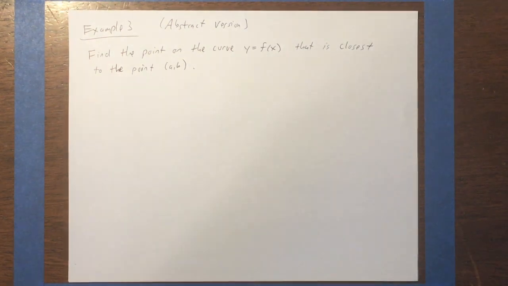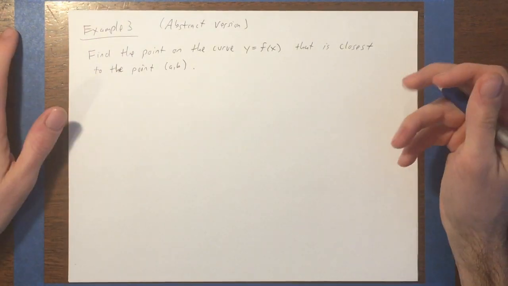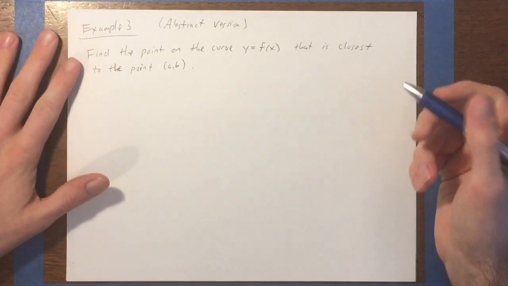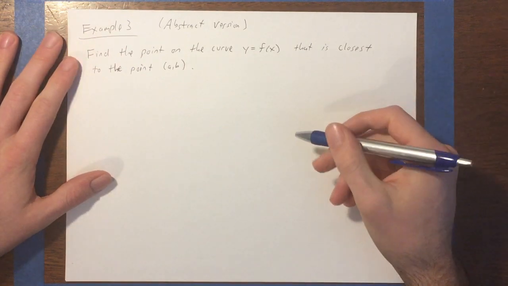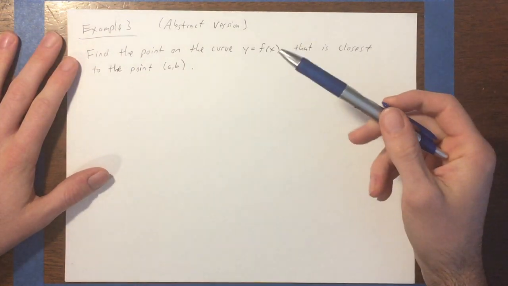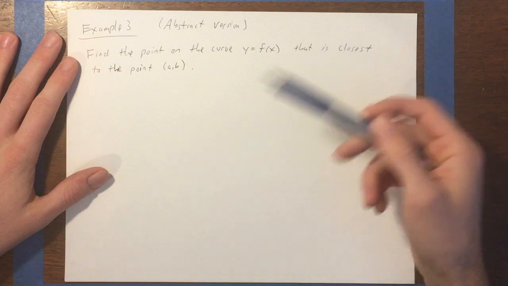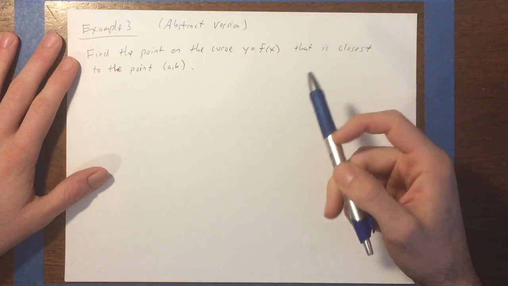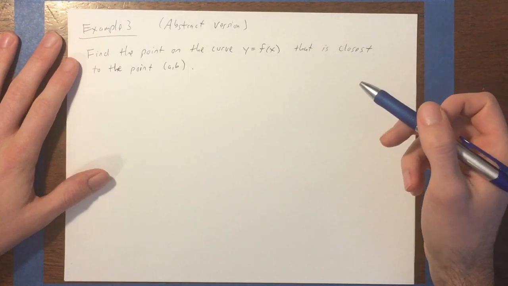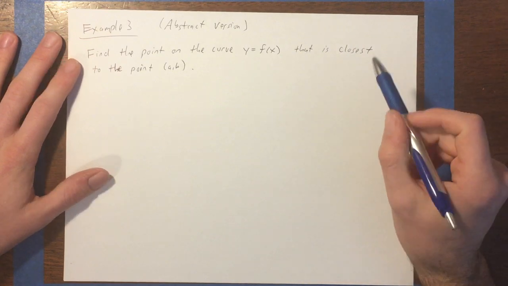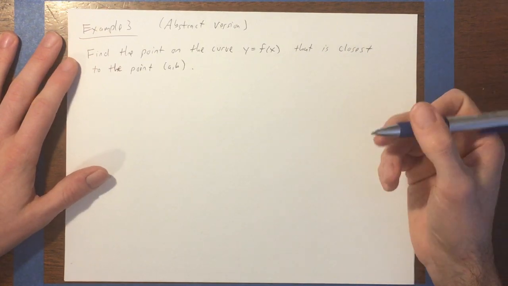All right, you have a problem on your worksheet that is kind of similar to this one, and it's another kind of abstract type of problem where you're trying to find the point on some given line or curve for which you're given an equation that is closest to some other point.